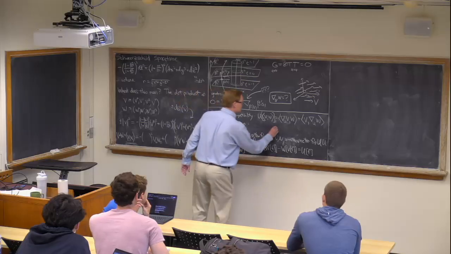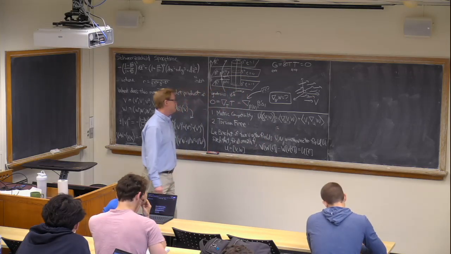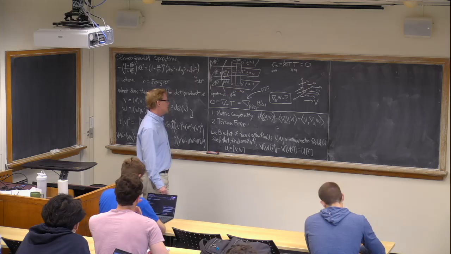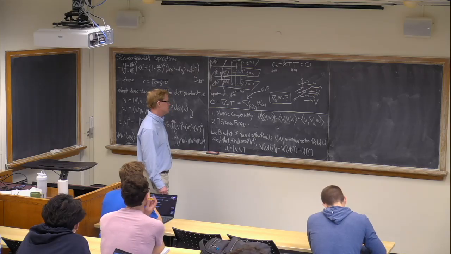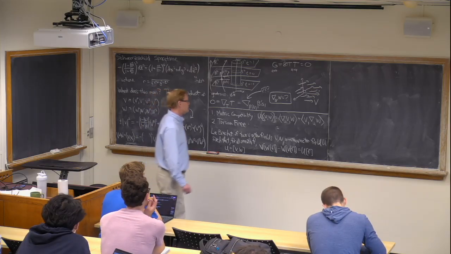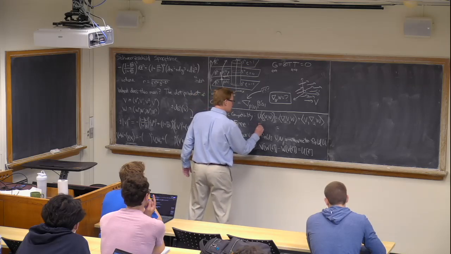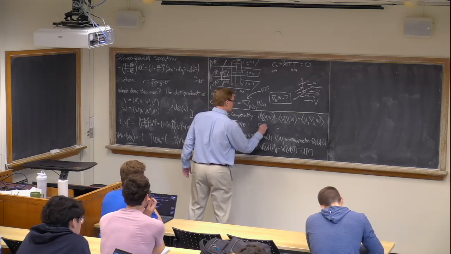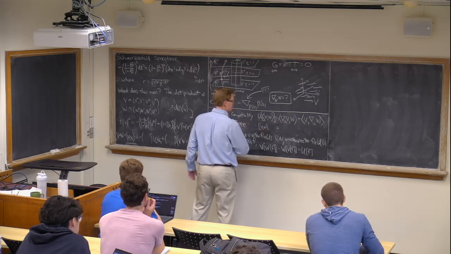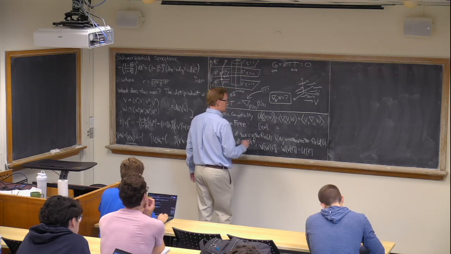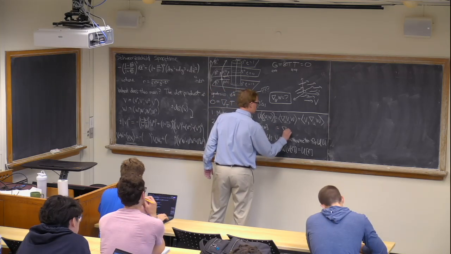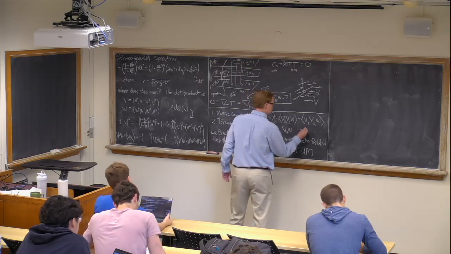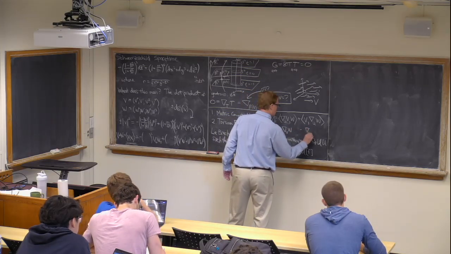Because there's an identity. And that identity is that if you take the Lie bracket of v and w, there's a formula for it, and it just equals that.